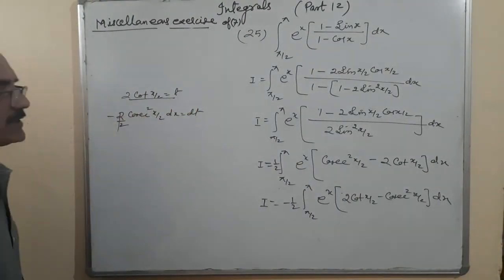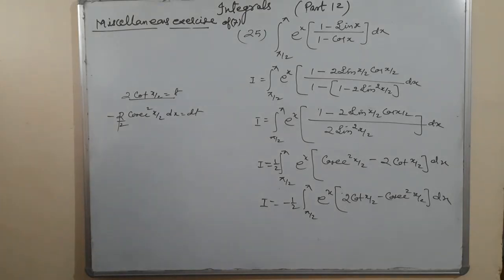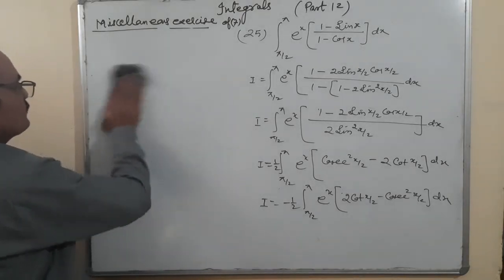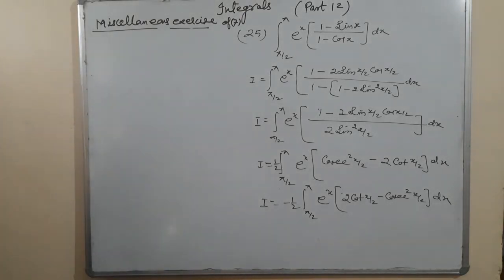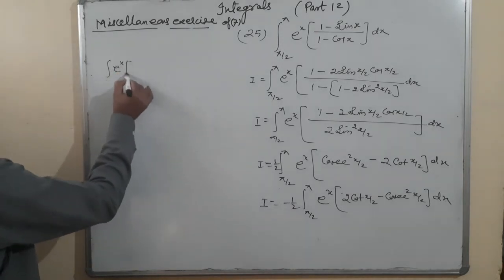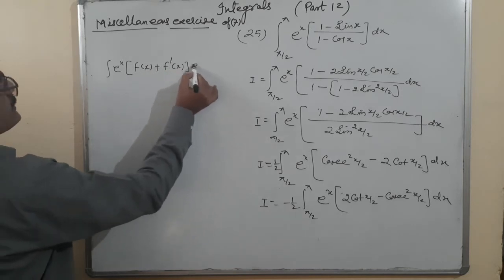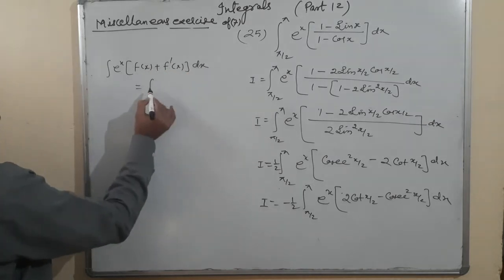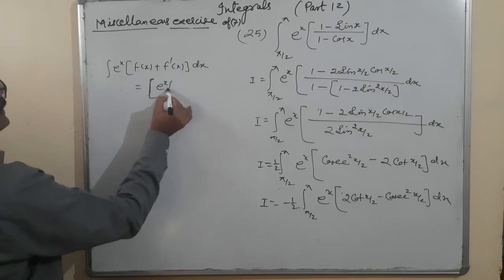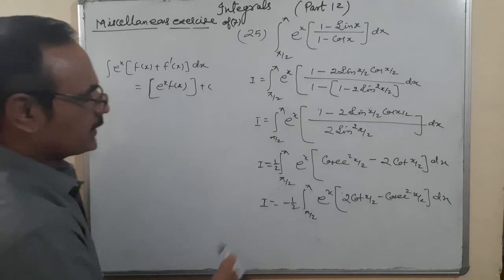So differentiation is this. So directly, what should I write here? The formula I'm writing here is: the integral of e to the power x, f of x plus f dash x dx, is equal to e to the power x f of x. And this I am using here.